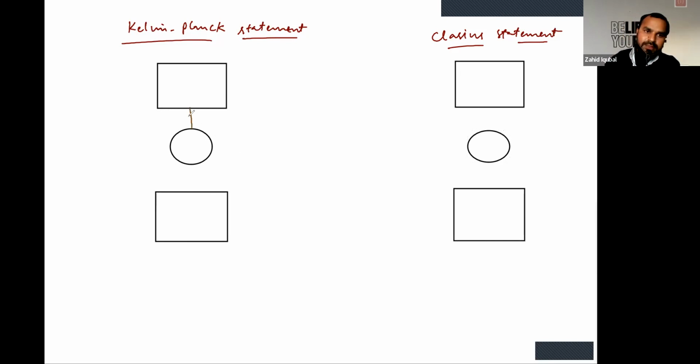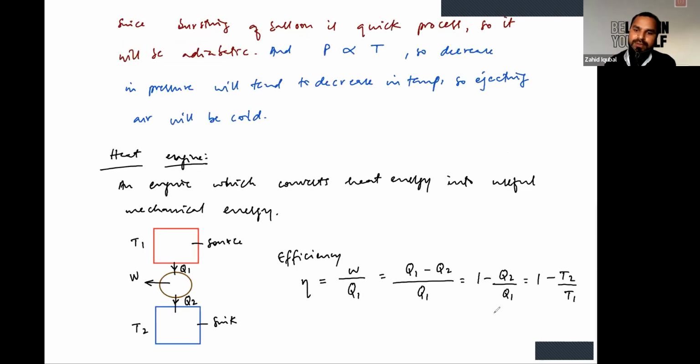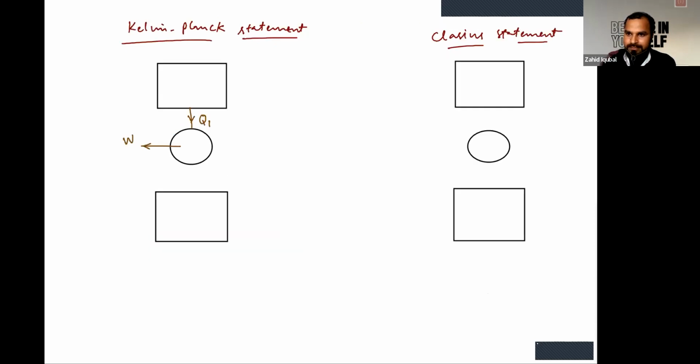So it absorbs Q1 amount of heat, and complete conversion of heat into work done without any loss of energy into the surroundings will not be possible at all, because in this case Q2 will be 0, and if Q2 becomes 0, the efficiency of the heat engine becomes 100%. And in the previous part, I explained that the efficiency of a heat engine can never equal unity or 100%. Is it clear? Yes, sir.